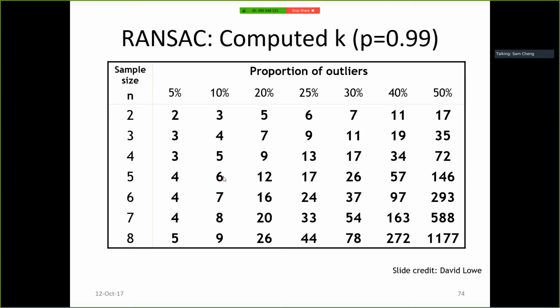But if W is pretty bad, say half of them are incorrect, then I need to repeat this about 150 times to ensure my model is 99% accurate.